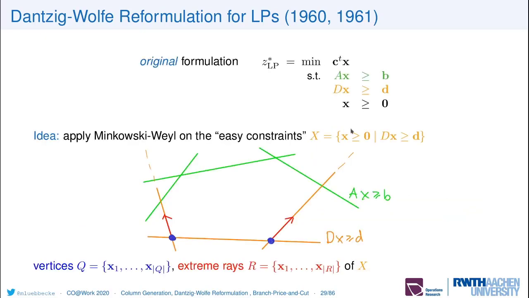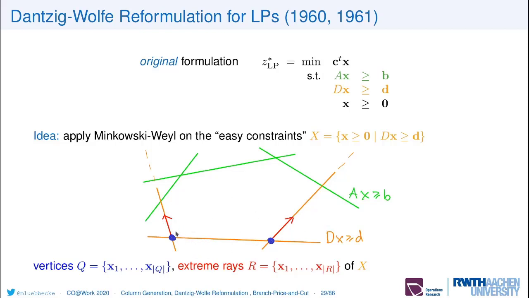Okay, so what we will do is we will take one of the sets, the easy set, Dx greater than or equal d, and we will apply this Minkowski-Weyl reformulation on that. Okay, so look at this here. We have the two kinds of constraints, Ax greater than or equal b and Dx greater than or equal d, and we take this second set here, Dx greater than or equal d.